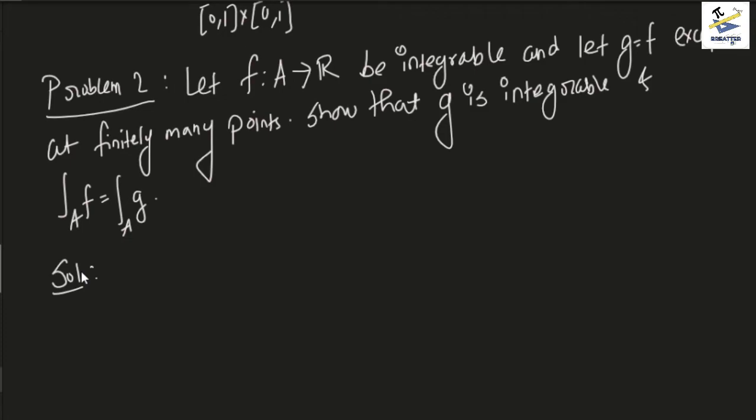So let us begin. We know from the Riemann condition the following things, and we are going to write that. Let me just write down the solution one by one. So first we fix an epsilon greater than 0, because this epsilon should be a real number.